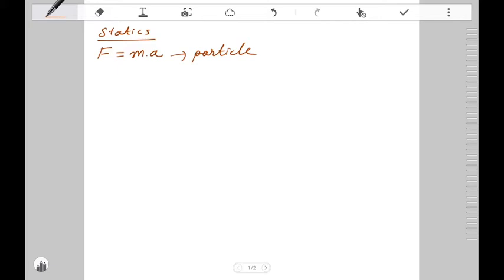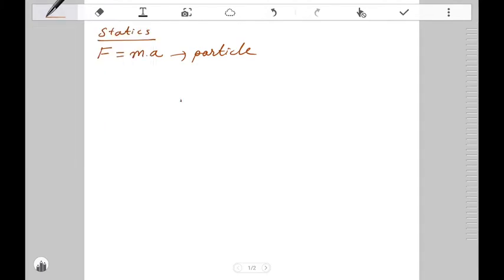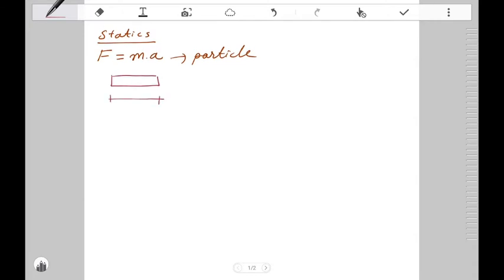But when I add another dimension, not a zero dimension now, but a one dimensional member, and our dimension has a length of L, let's say. Let's say that this is the center of gravity.